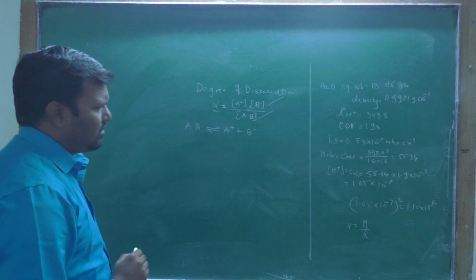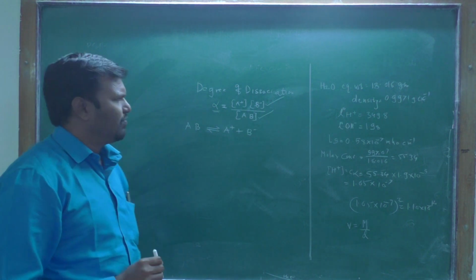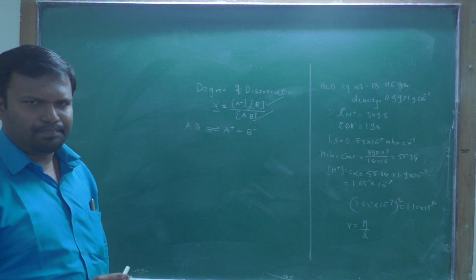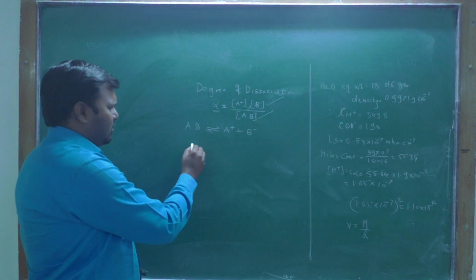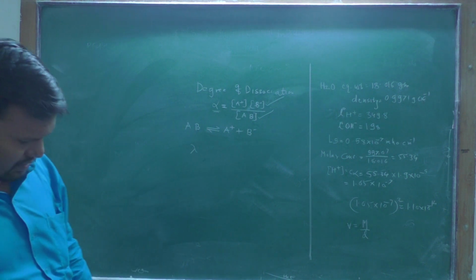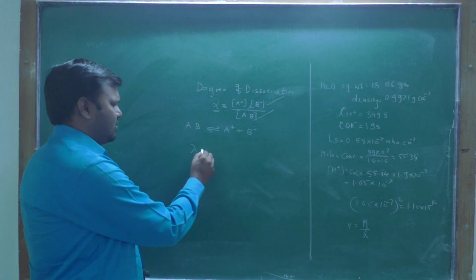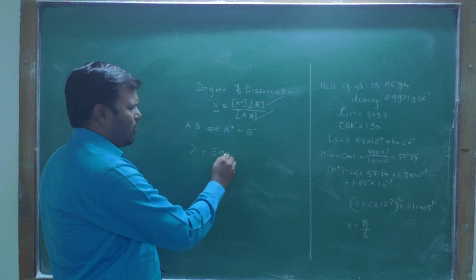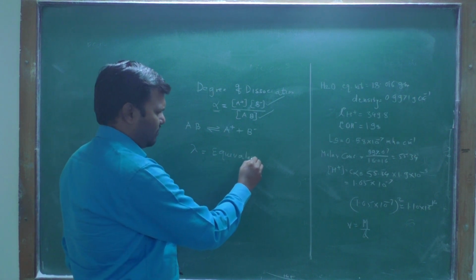That is nothing but alpha, the degree of dissociation. Now the electrolytic conductance, that is lambda, is called the equivalent conductance.